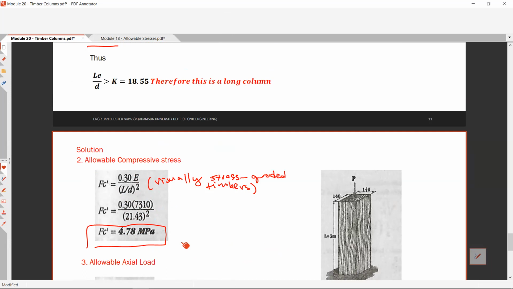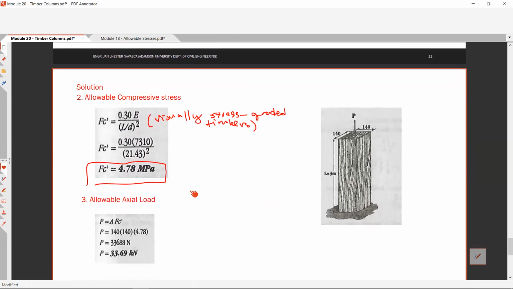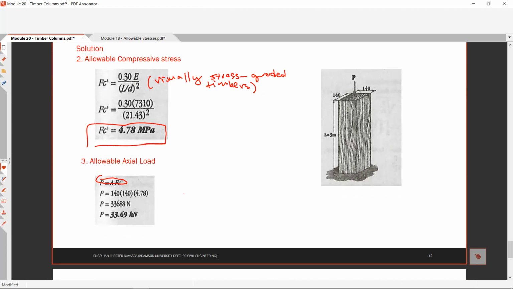Okay? So next problem is what is the allowable actual load? Okay, so going back, paano nangyari to? Di ba alam natin that your FC is equals to P over area that is less than or equal to FC prime.